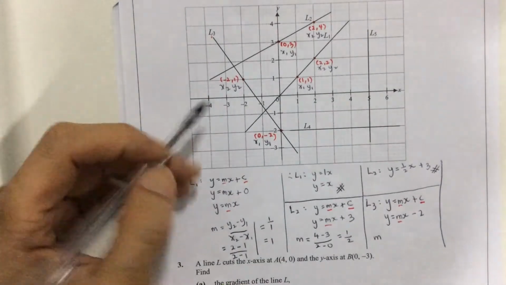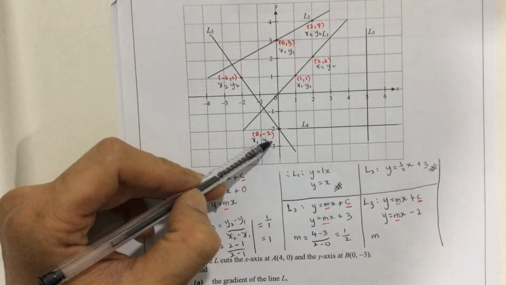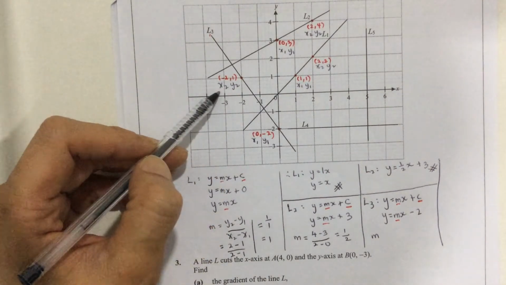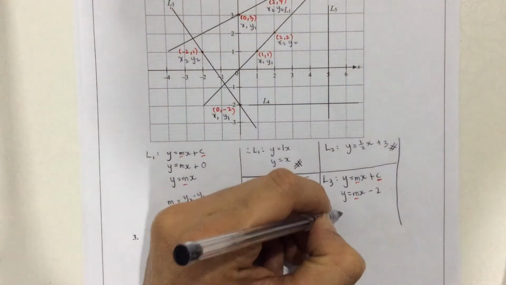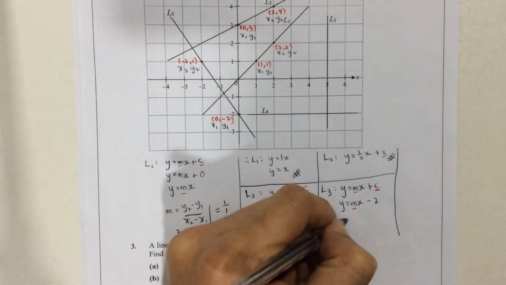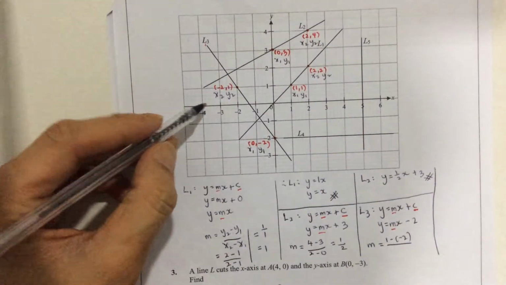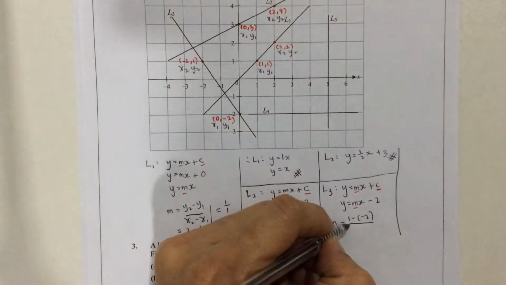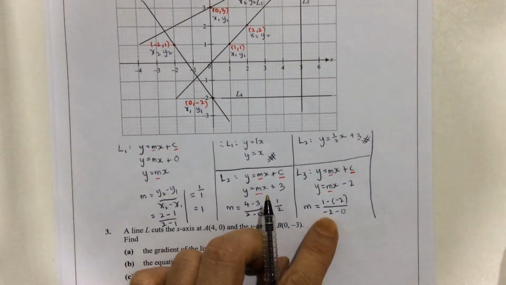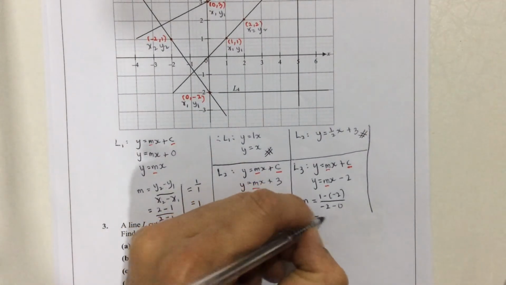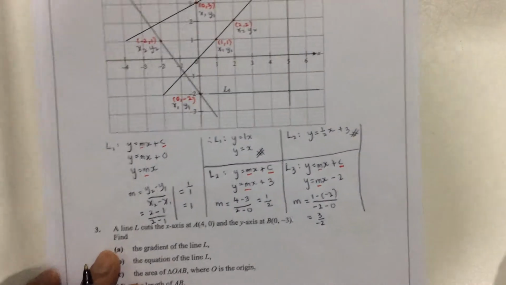So I'm going to straight away use the formula y2 minus y1, so that's 1 minus -2, over x2 minus x1, so -2 minus 0. So 1 minus -2 and -2 minus 0, and that will give me a value of 3 over -2 as my gradient.